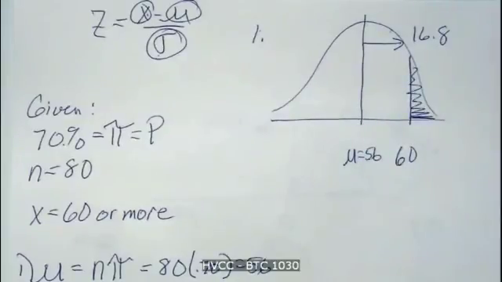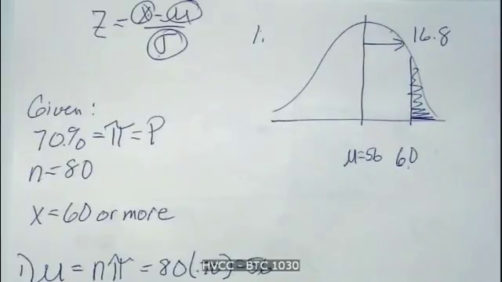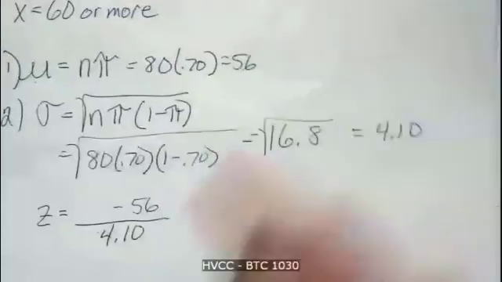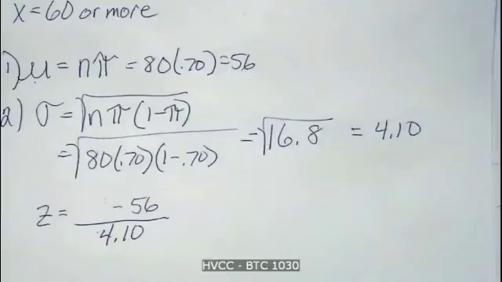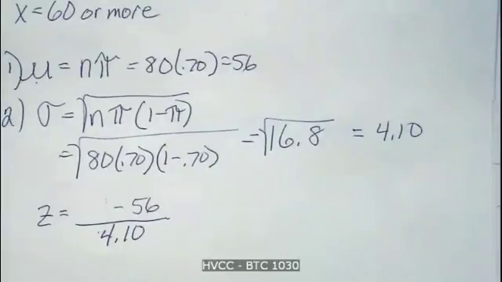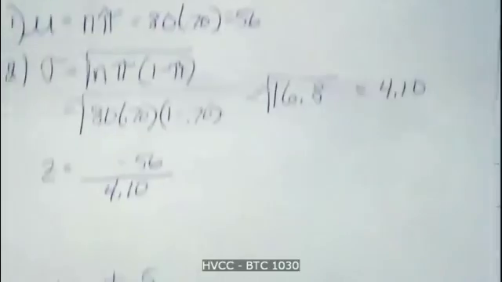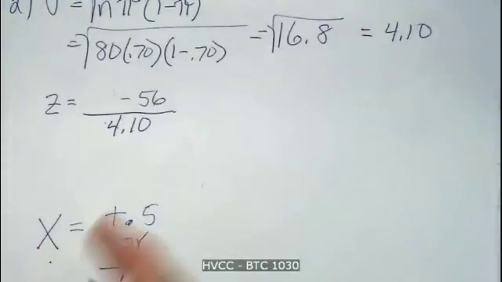Well, because it's a binomial, and this is a little trick that I teach my students to determine how to calculate X. For X, we have to add 0.5 or subtract 0.5.